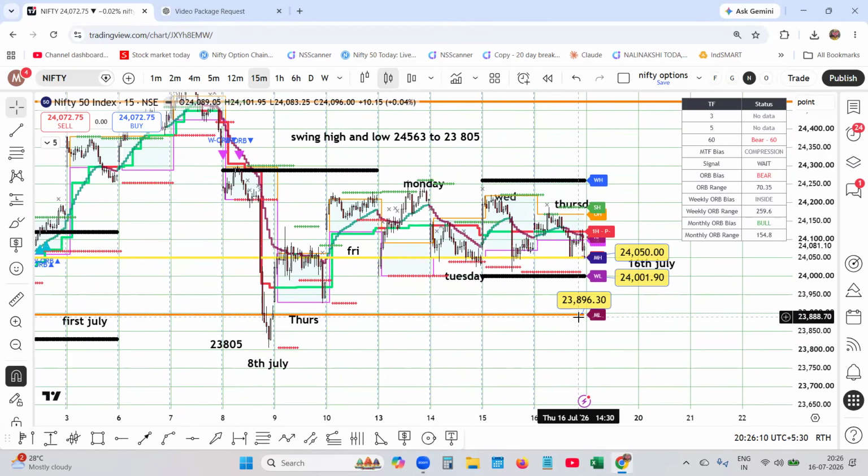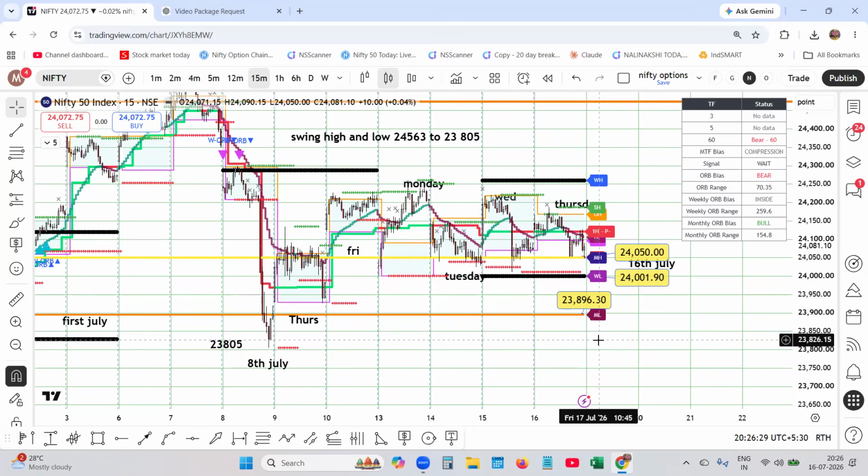Now, this is a very, very important level, monthly low. Sometimes what the market will do is it comes, and because it has taken the liquidity over here, sometimes they will come back to this level to retest that level.